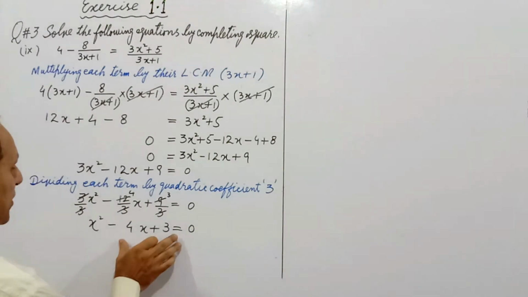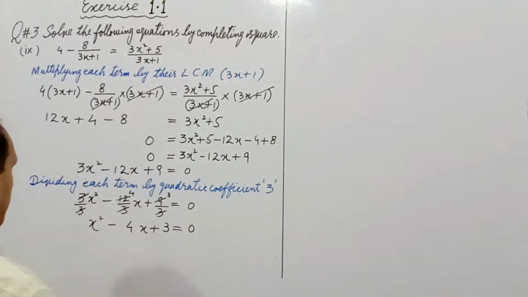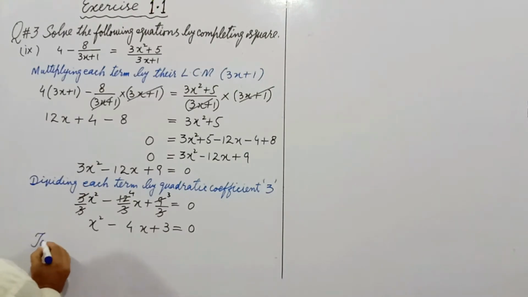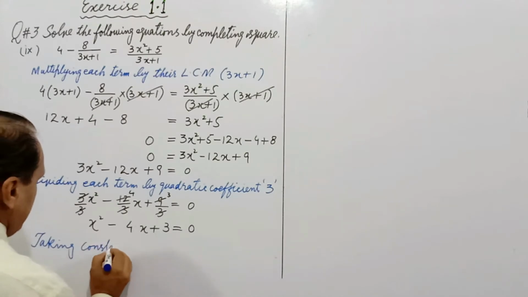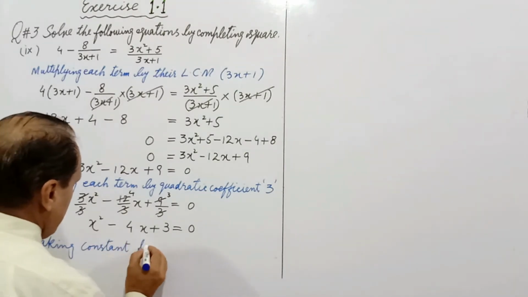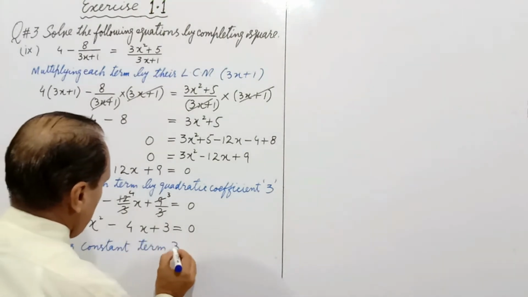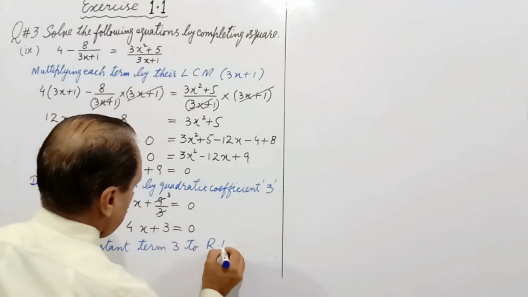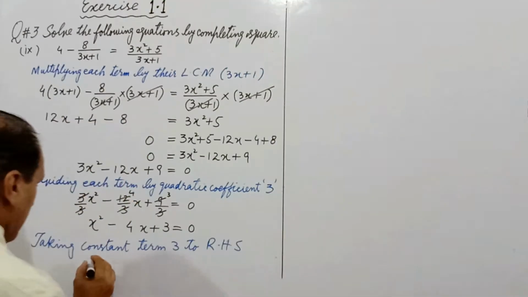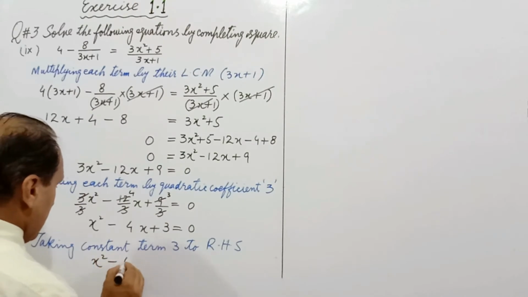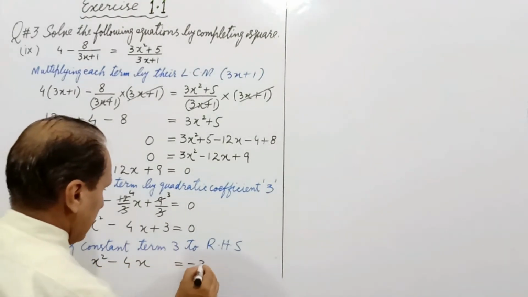According to the method of completing square, we take 3 to the right hand side, taking constant term 3 to right hand side, we have x square minus 4x is equal to minus 3.